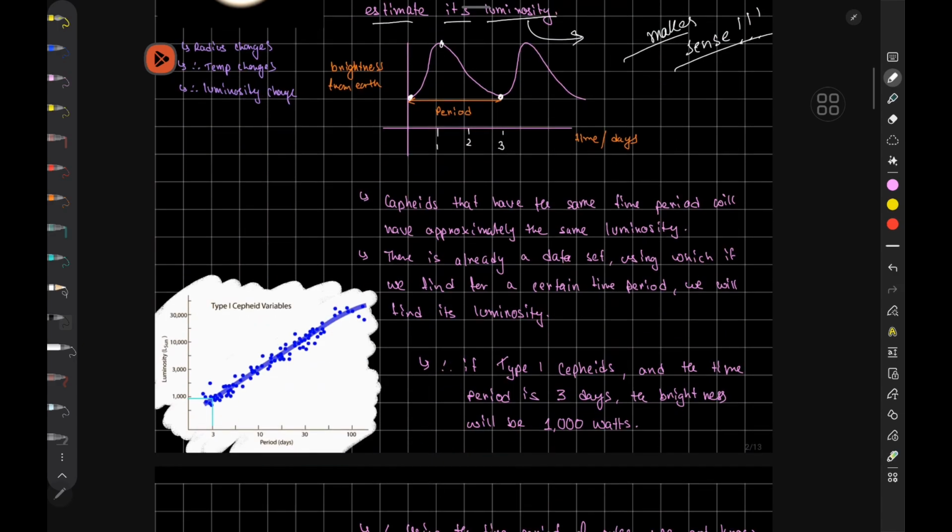Okay, so as mentioned, the Cepheids with the same time period will approximately have the same luminosity, and we have a data set of Cepheid variables with different time periods.